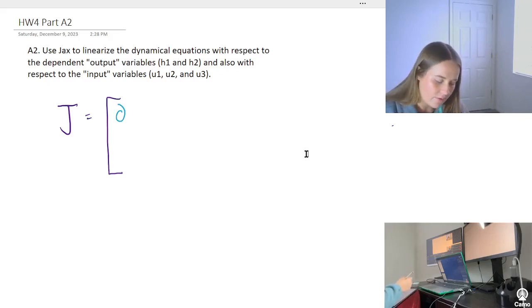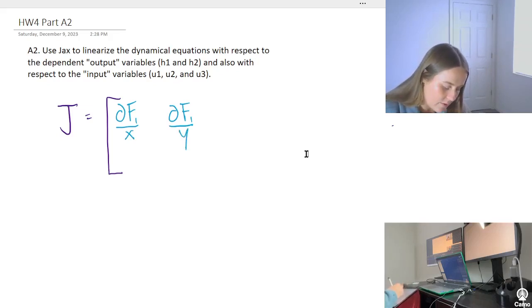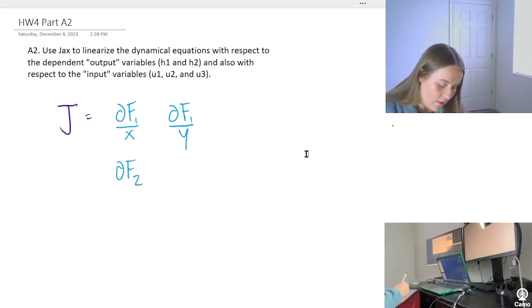We have F1 on top for both, F1 in relation to X, and then in relation to Y. And then we have partial function of F2 on the bottom in relation to X and Y.